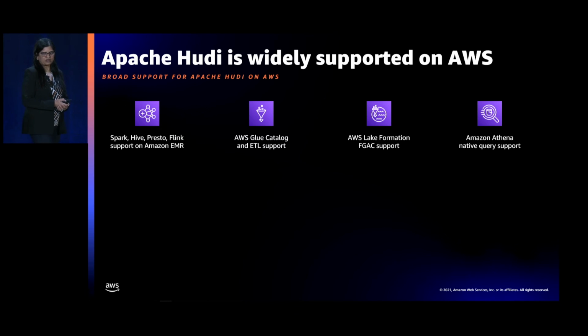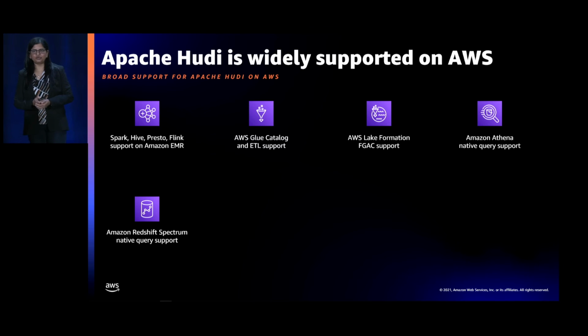We have Amazon Athena. You can use the Athena engine to query Hudi tables, as well as Redshift Spectrum. So for those of you who have been running Hudi workloads, you must be familiar with some of these requests that came from you, and these services have added support to enable querying Hudi tables effectively from those engines.